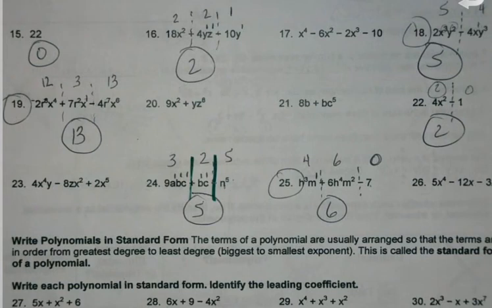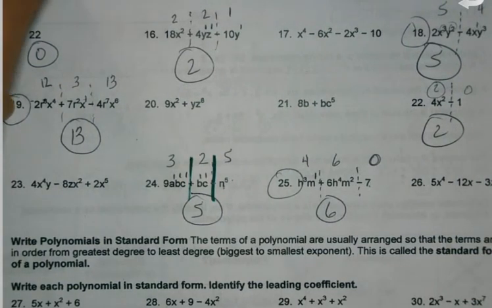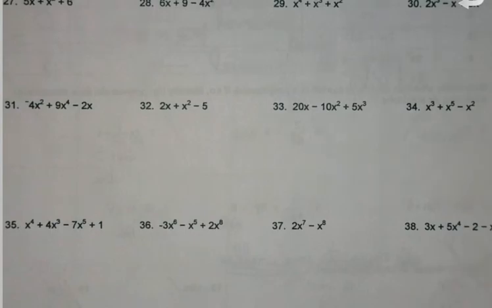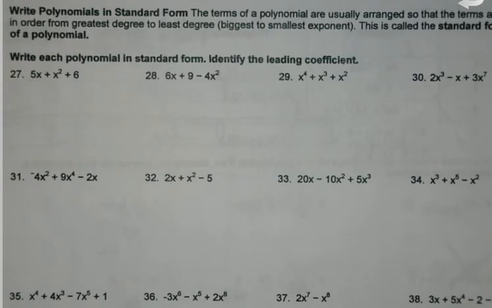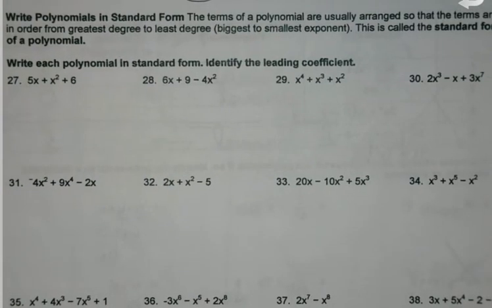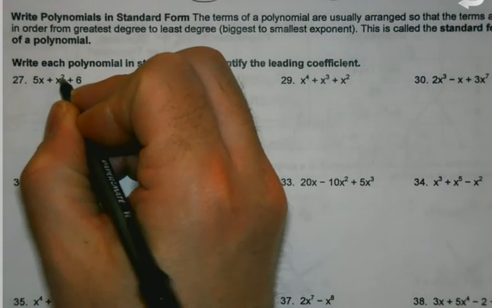So the last thing we're going to do today is writing the polynomials in what's called standard form, which means you're going to go from the greatest degree to the least, or the biggest to the smallest exponent. So when I go back and look through here in 27, my biggest exponent's 2.